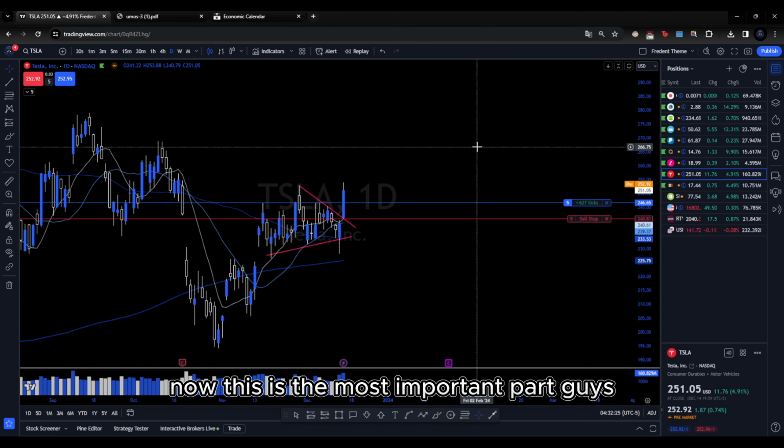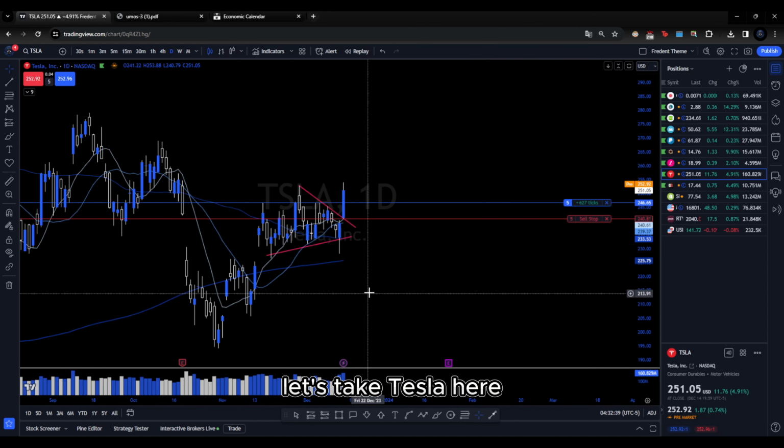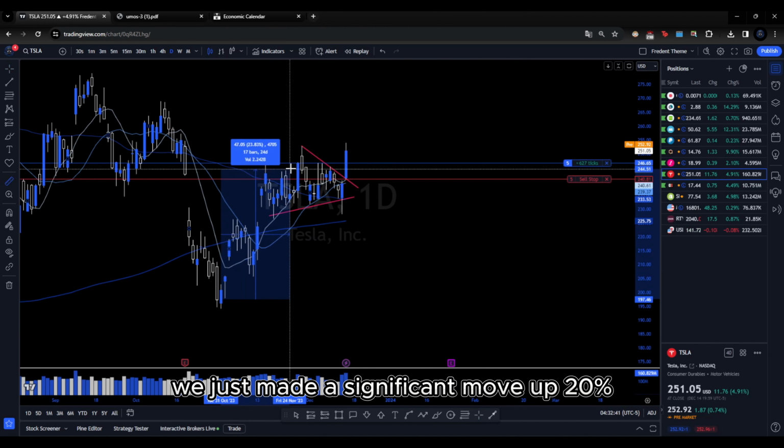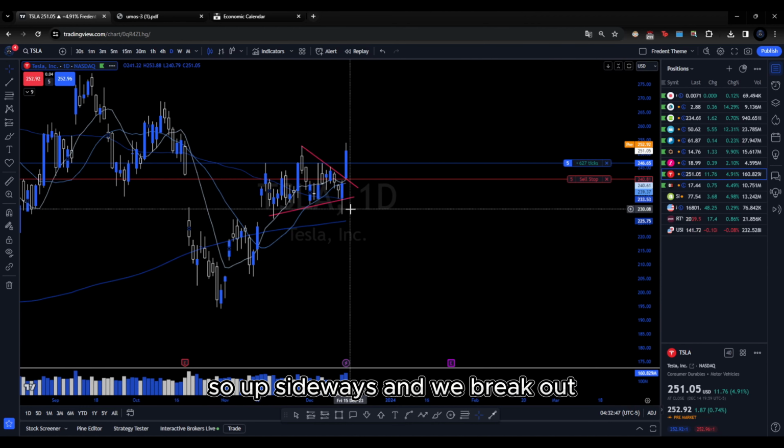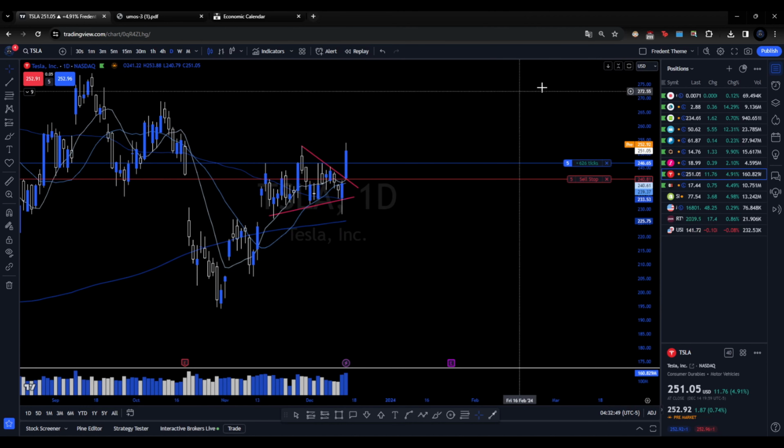Now, this is the most important part, guys. You want to look for stocks that are strong, that are trending higher, and that have just made a significant move up. So for example, let's take Tesla here. We just made a significant move up, 20%. We move sideways, so up, sideways, and we break out.